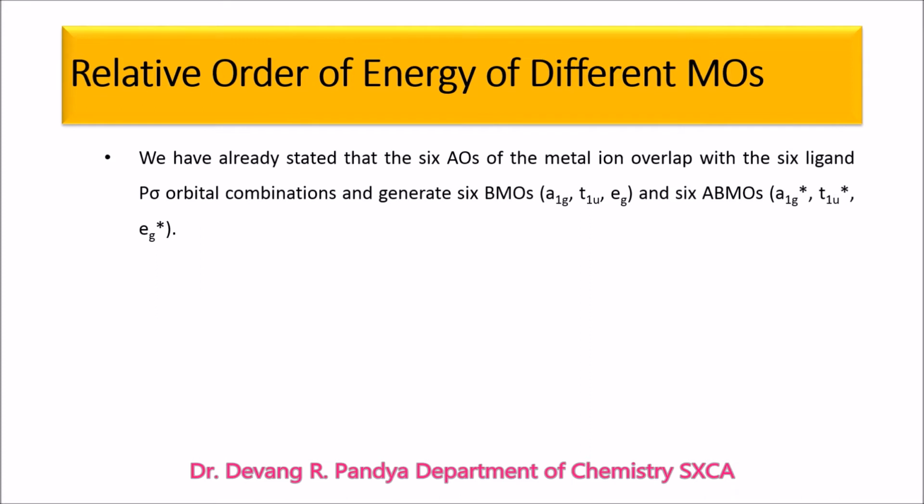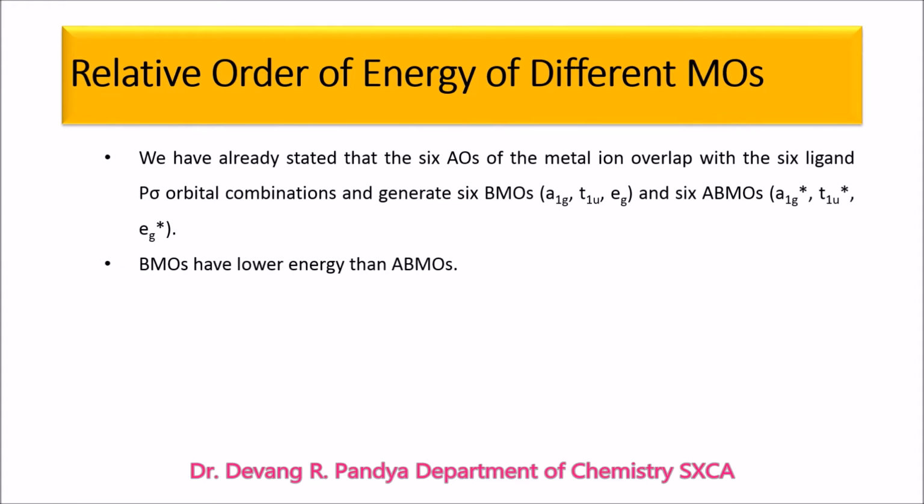The 6 BMOs include A1g, that is 1, T1u, 3, and Eg, 2, and 6 ABMOs, which include A1g star 1, T1u star 3, and Eg star 2. So these 6 BMOs and 6 ABMOs are generated by the overlapping of atomic orbitals of the transition series 3d metal ion and the LGO ligand group orbitals.